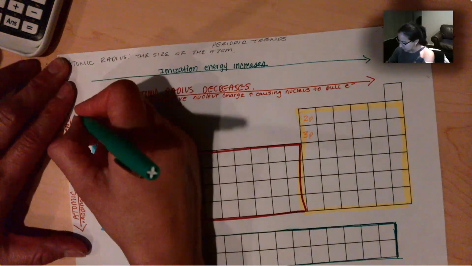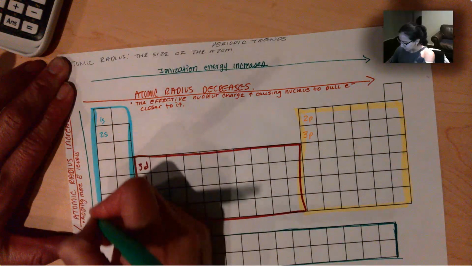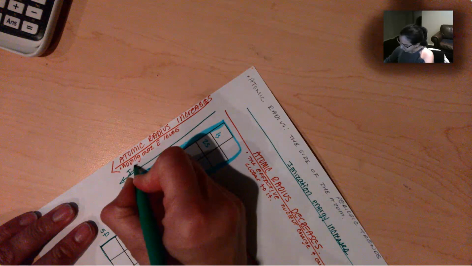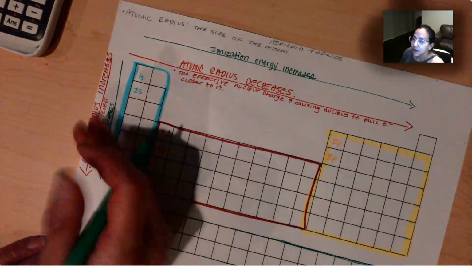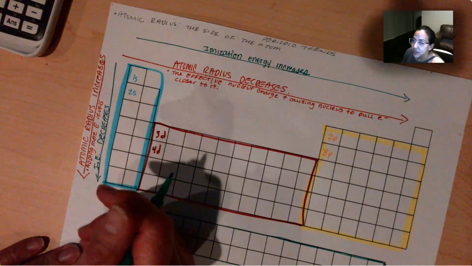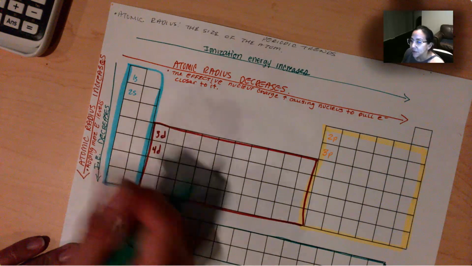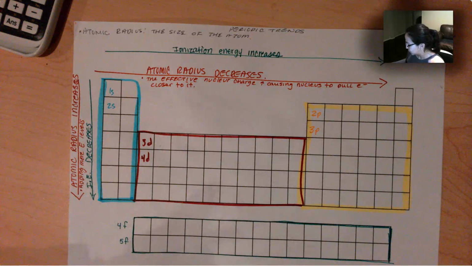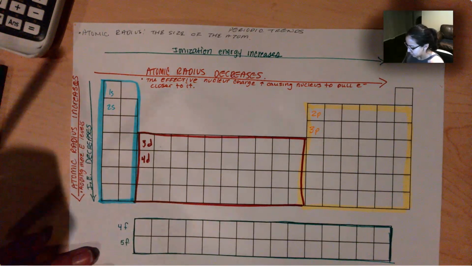So you'll notice that it is the opposite of atomic radius. I'm just going to put IE for ionization energy. Now you could change the arrows how you see fit. You can make them all increasing, pointing one way, so you don't have to worry about this whole decrease, increase. I just kind of change things up a bit.